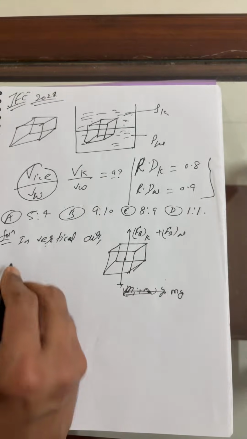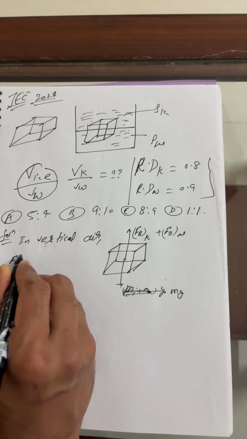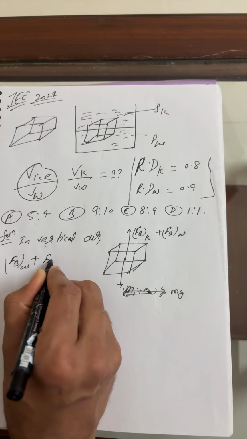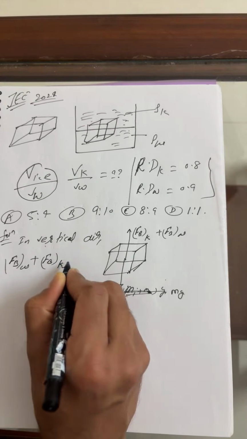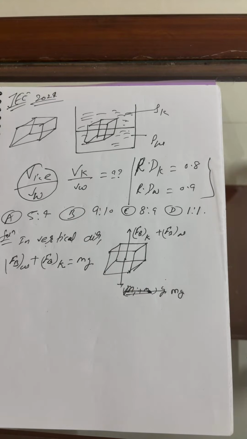In the vertical direction, the buoyant force FB of water plus the buoyant force FB of kerosene oil equals mg.